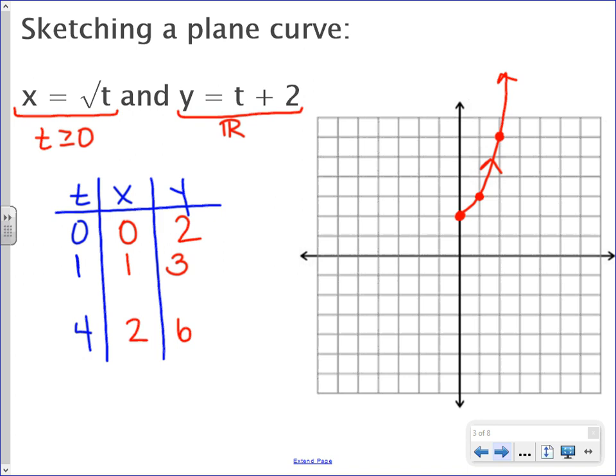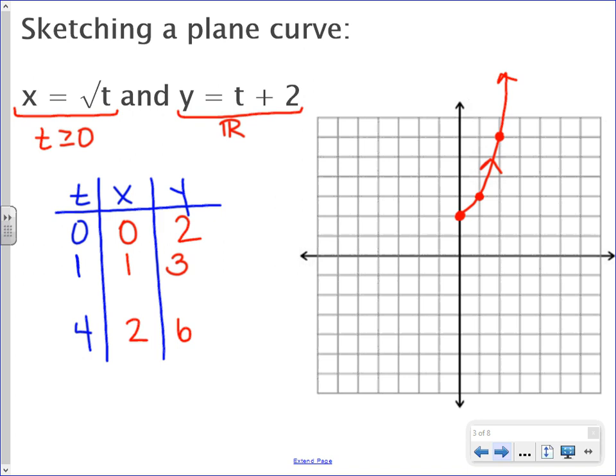So we are going to do what's called eliminating the parameter, okay? When we get a set of parametric equations, it is possible for us to take that set of parametric equations and squish them together to make just one rectangular equation, okay? So it's kind of like when we had polar equations and we converted them to rectangular.